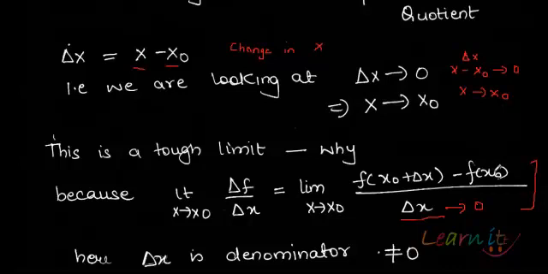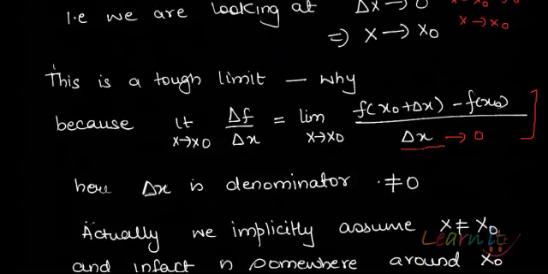So what are we implicitly assuming in our head? We are assuming that x will not be equal to x naught. It will almost be reaching x naught, but it will not be equal to x naught. And that's the concept of limits.